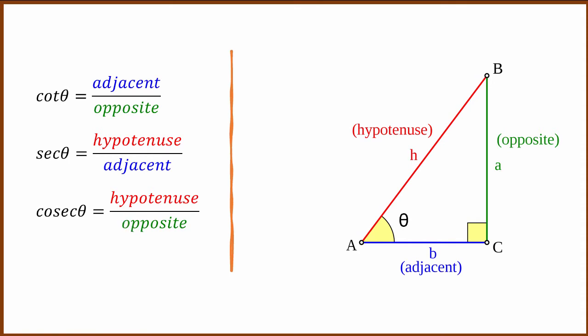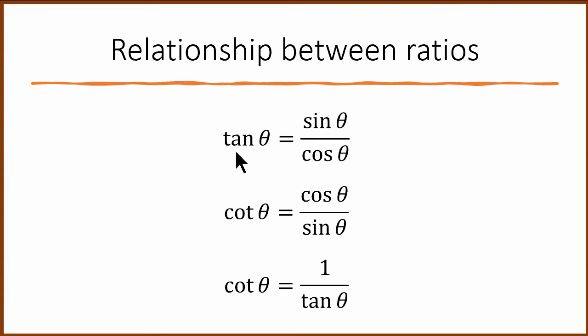Now, you can either remember these, or it is easier to remember the relationship of these ratios with sine, cos, and tan. Let us see what those are. Tan theta is defined as sine theta divided by cos theta. Cot theta is defined as cos theta by sine theta.